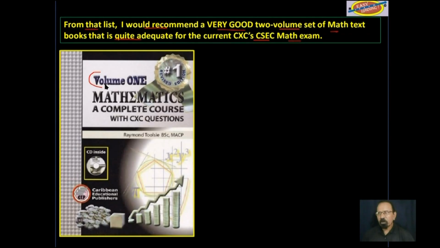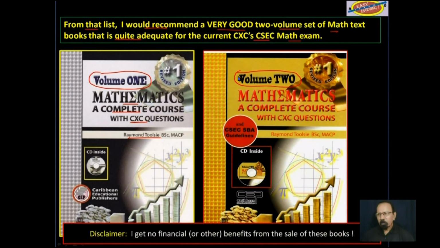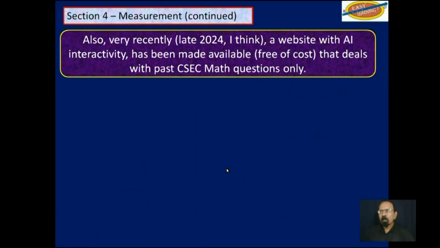This is a picture of volume 1, Mathematics, a complete course with CXC questions by Raymond Toolsie. And this is a picture of volume 2. Please note this disclaimer: I get no financial or other benefits from the sale of these books.